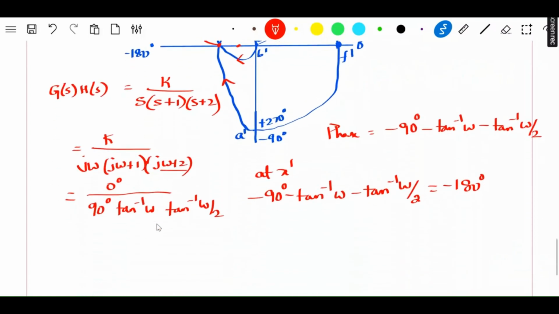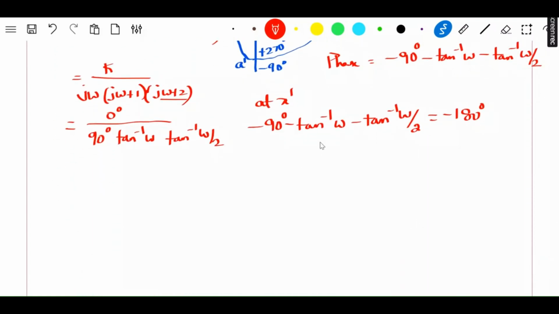This phase equation should be equal to minus 180. Now with this equation we are able to get the omega value. So what happens here is, I'll write minus 90 plus 180. I'll take minus 180 this side, and I'll take tan inverse of omega plus tan inverse of omega by 2 towards the right hand side.